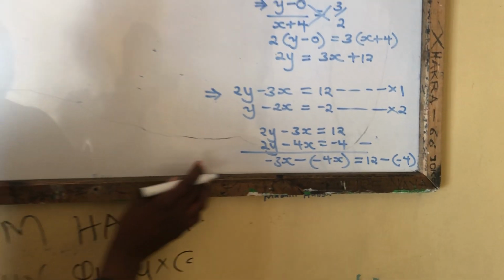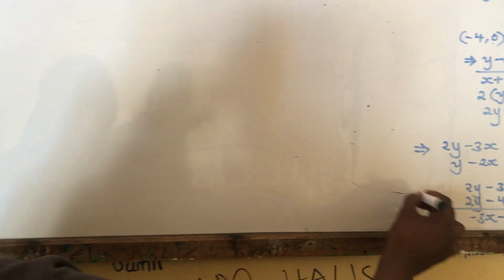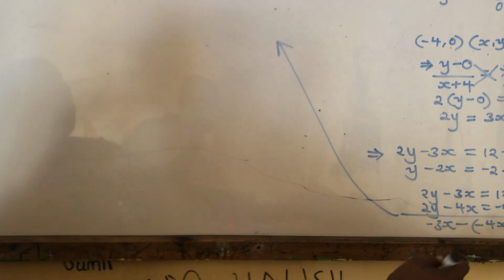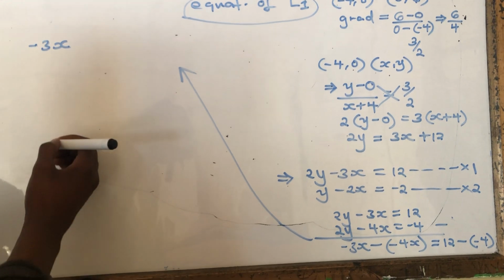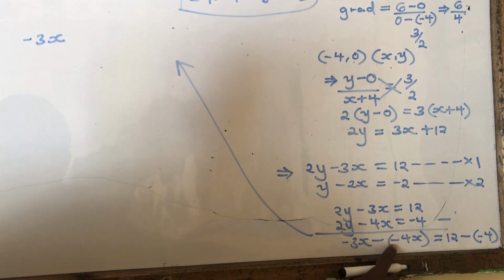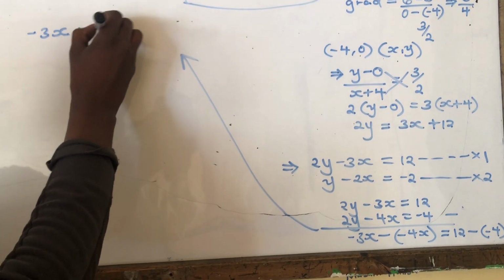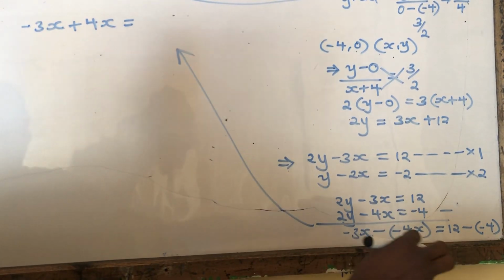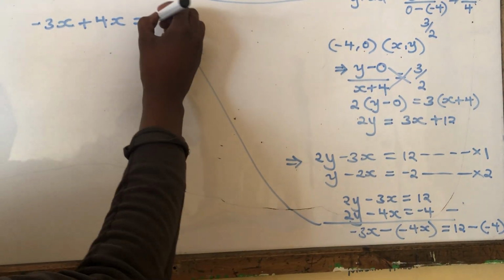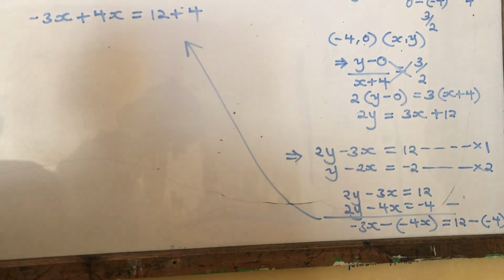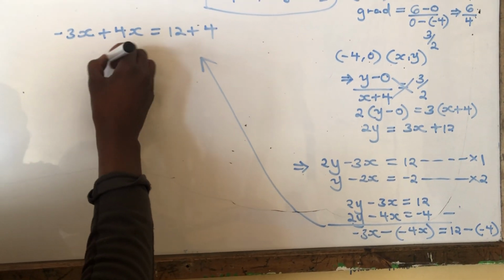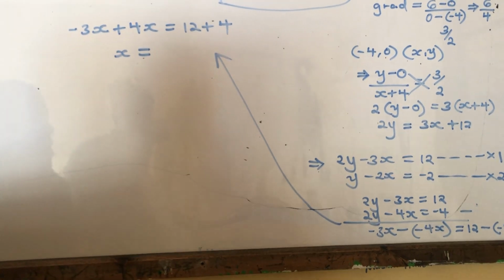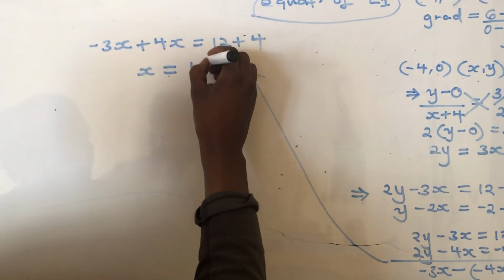So what will we have there? This will then become negative 3x. A negative and a negative should give us a positive 4x. And these two negatives will again give us a positive 4. Negative 3x plus 4x should give us a positive x. And 12 plus 4 should give us 16.